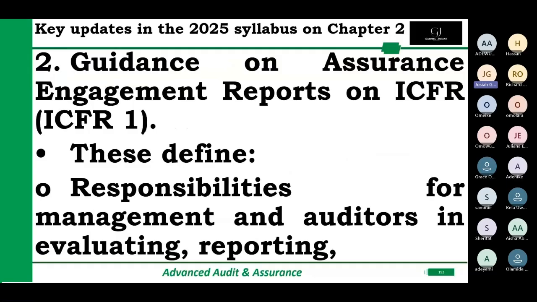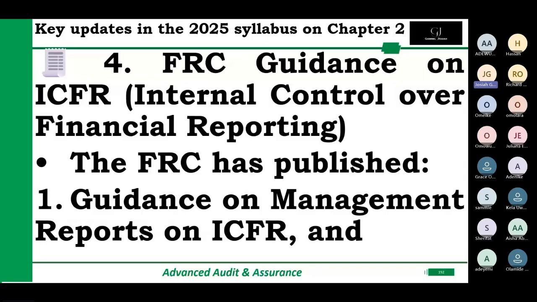So the updates: starting from January 2024, the Financial Reporting Council has published guidance on management reports on ICFR, where the CEO and the CFO must certify the internal controls after they have been audited, which mostly for the first engagement in 2024 was outsourced to professional firms, so that independents and mostly the internal auditors could learn how this ICFR works and should work.